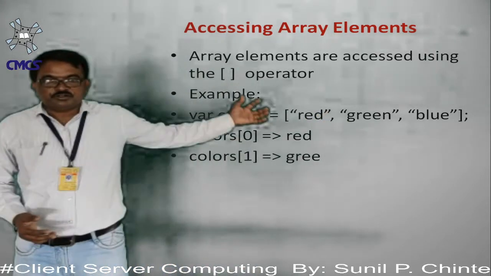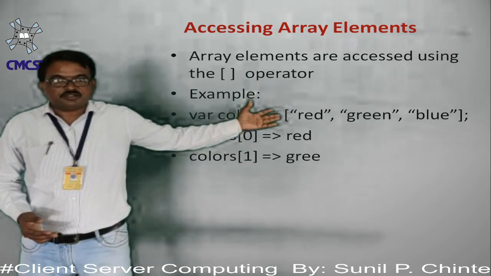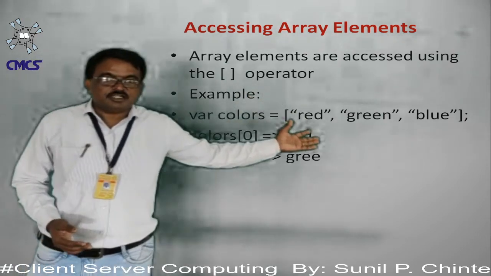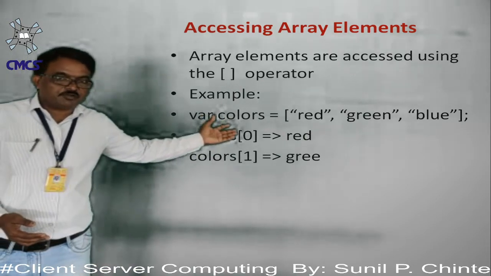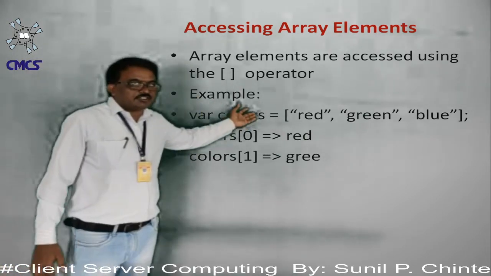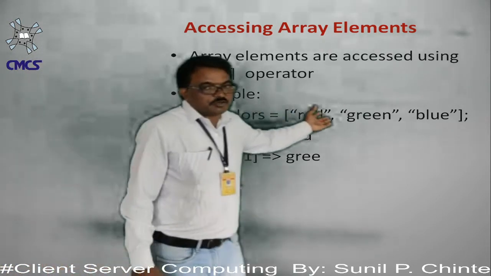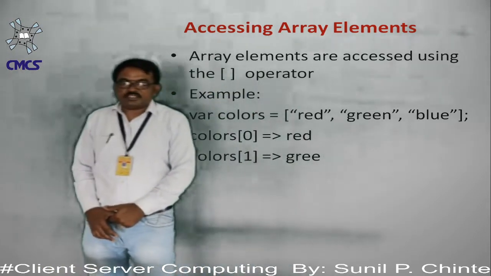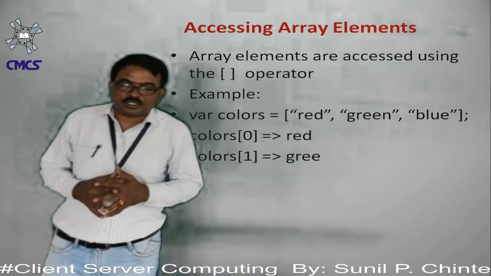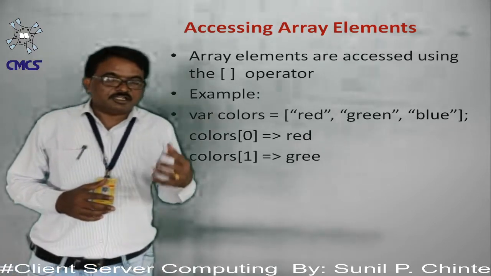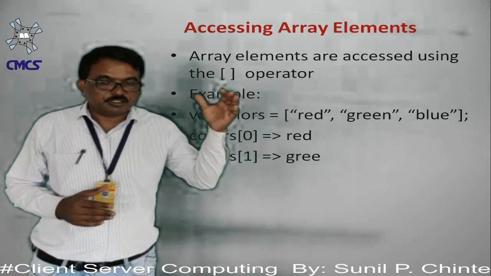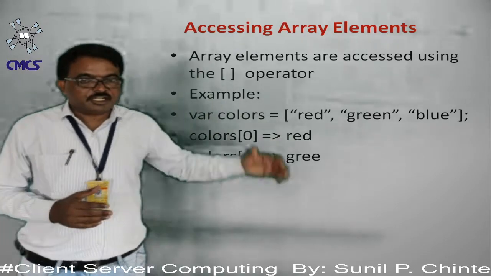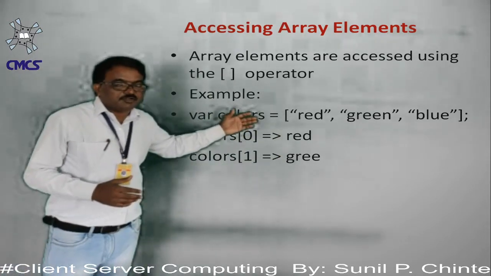If you want to access the elements of that array, we can use the subscript with the index values. The array's indexes always start from 0 to n minus 1, if the size of the array is n. This means the first element of the array is indicated by the subscript with index 0.